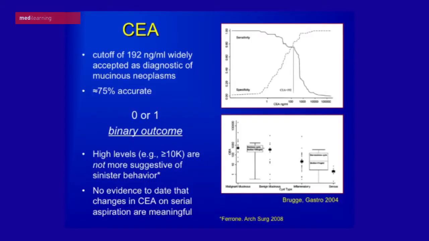Unfortunately, cytology in this era is actually low specificity and low sensitivity. So what you want to do is send it for CEA. And interestingly, the statisticians must have had a field day when they came up with the cutoff of 192, to be exact, in terms of whether you're distinguishing serous cystadenomas from mucinous tumours. And CEA greater than 192 is indicative of a mucinous tumour.